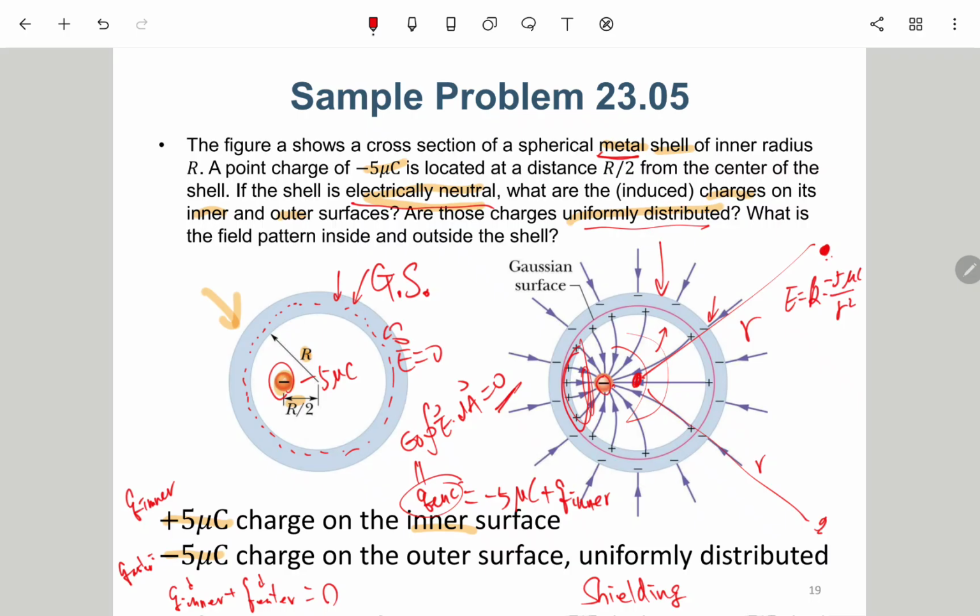This is an interesting phenomenon. For some of our appliances or some equipment in the laboratory, there should be some case to isolate the EM wave, using this shielding effect.